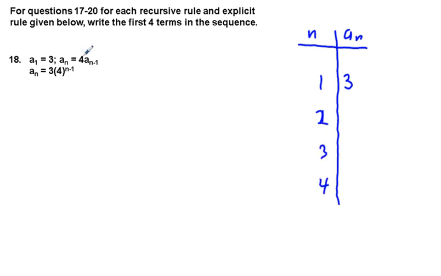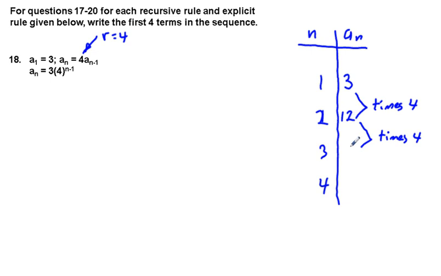And we should be able to see that our common ratio is 4. So r equals 4. So if we take 3 times 4, 3 times 4 would be 12. Okay. And then we continue that pattern times 4.